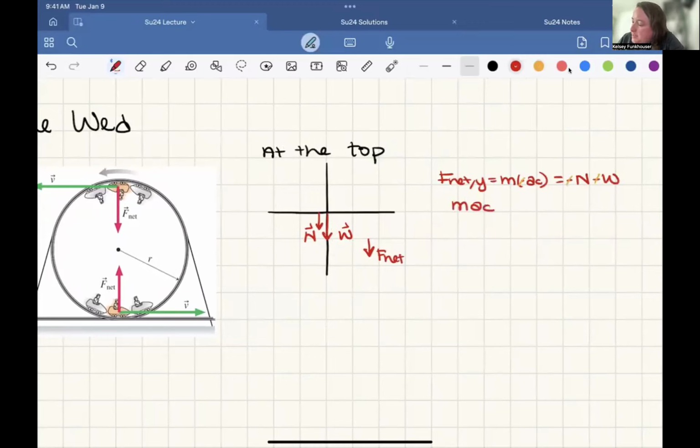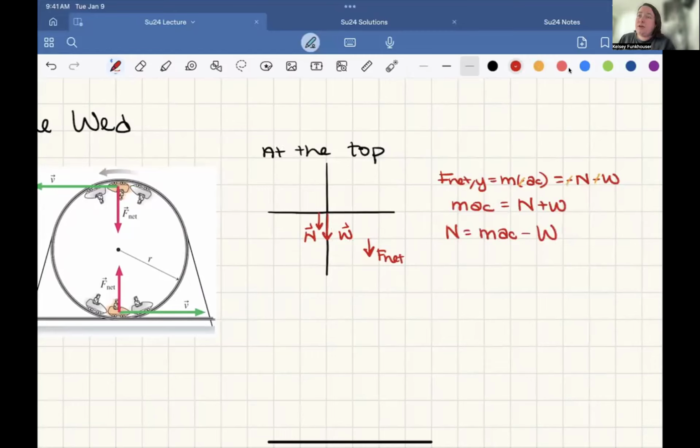And so we have mass times the centripetal acceleration equals the normal force plus the weight. And then if we solve for the normal force, we can find the apparent weight, because remember, that's what it is. So if we subtract the weight on both sides, we get that the normal force is mass times centripetal acceleration minus the weight.